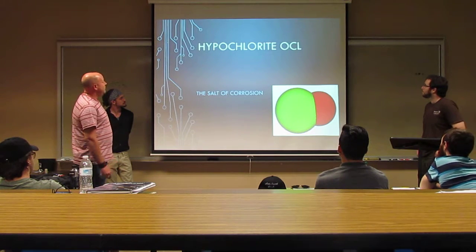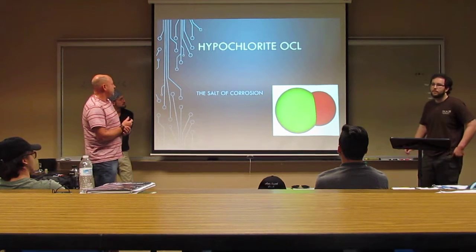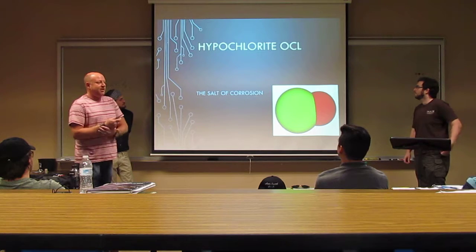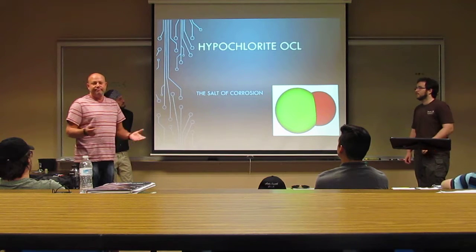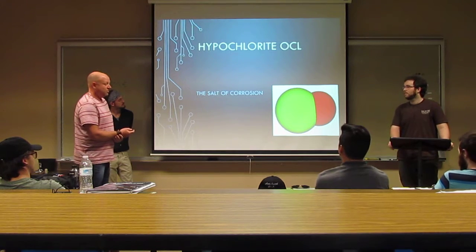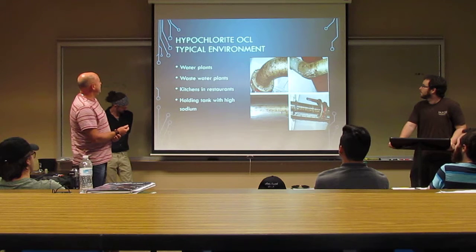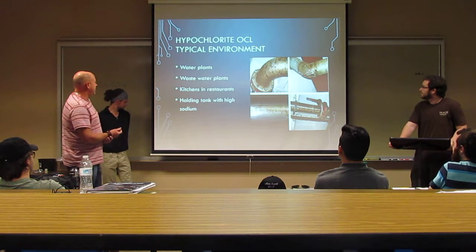And now we come to hypochlorites, OCl. They're basically the salts of corrosion also, which everybody's had some kind of salt in their presentation showing that it's horrible. Keep back the salt if you can. Typical environments: water plants, wastewater plants.